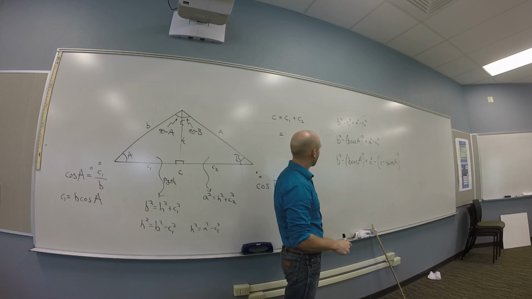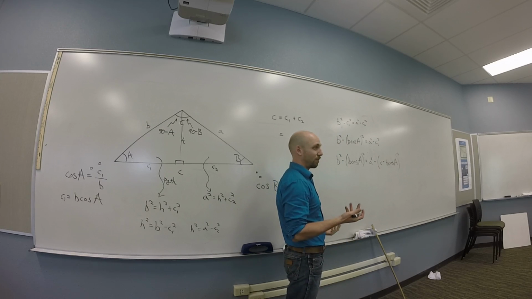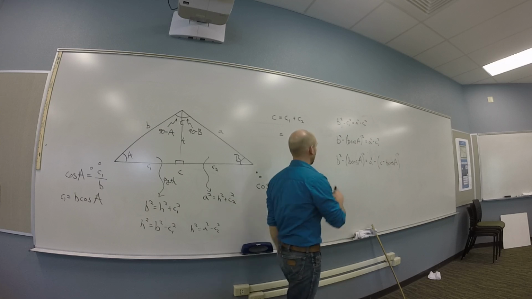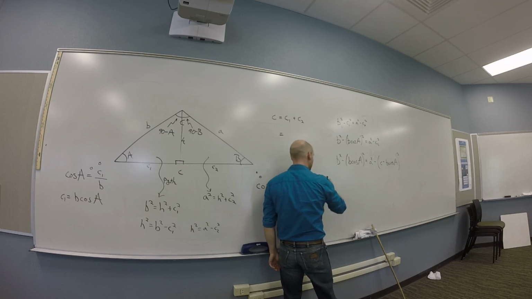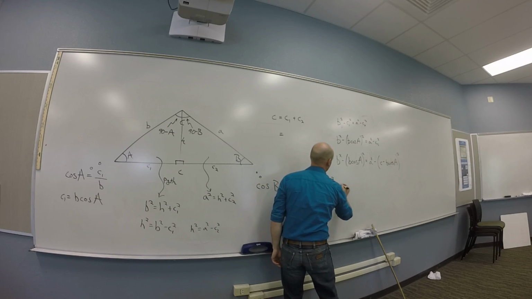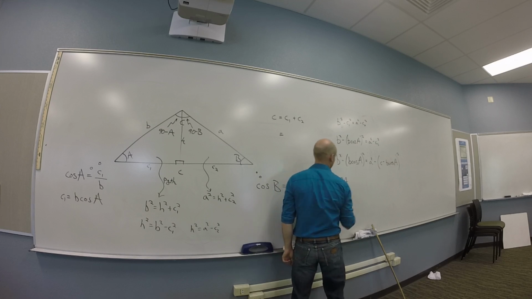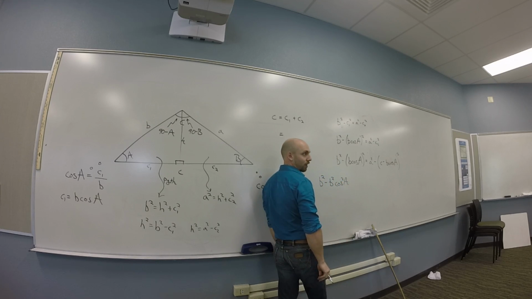Okay, so let me FOIL a little bit. Over here I got B squared minus B squared cosine squared A. You guys all with me on that?